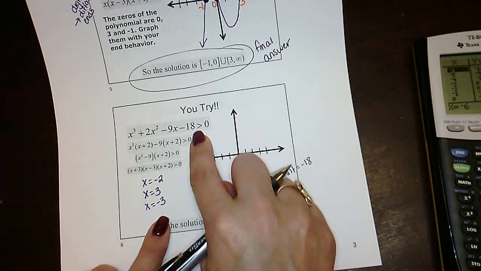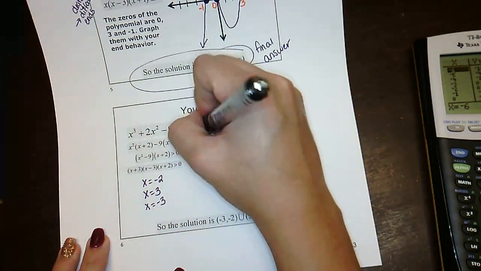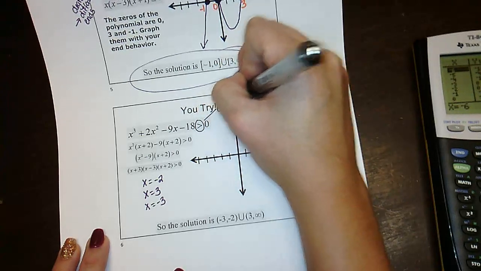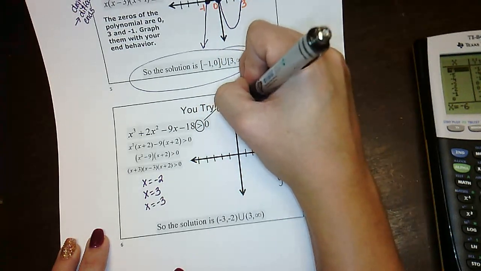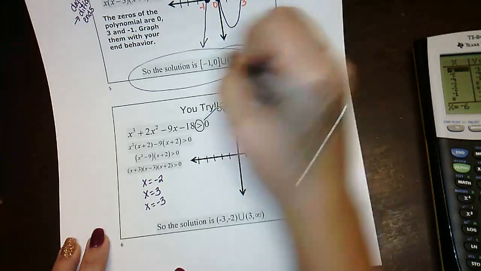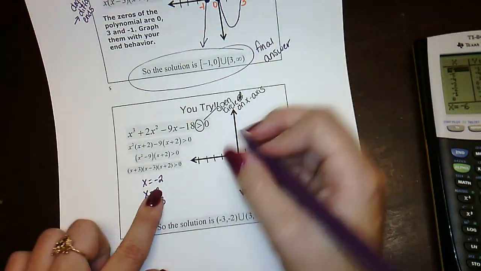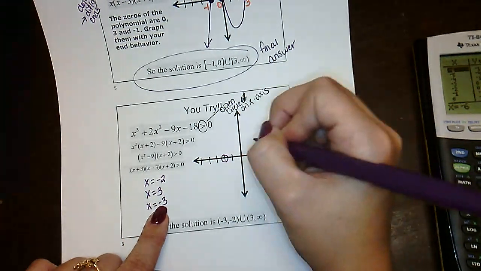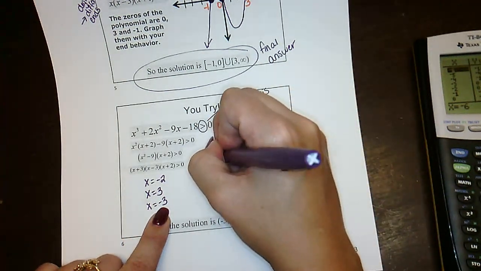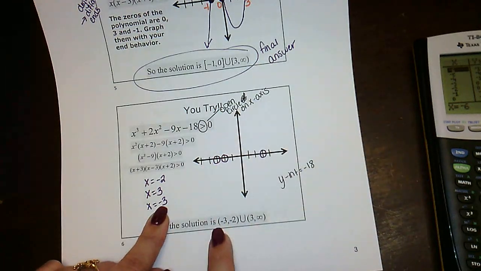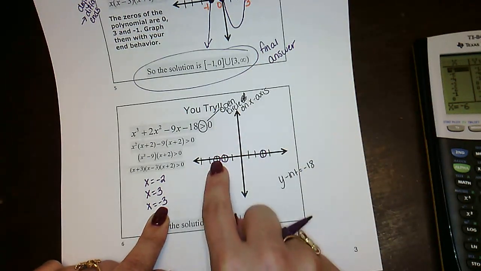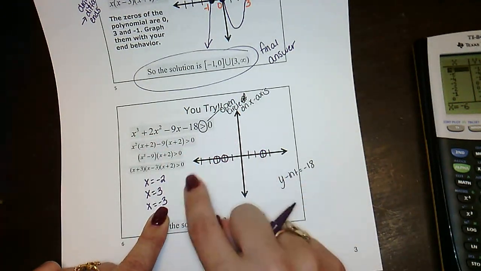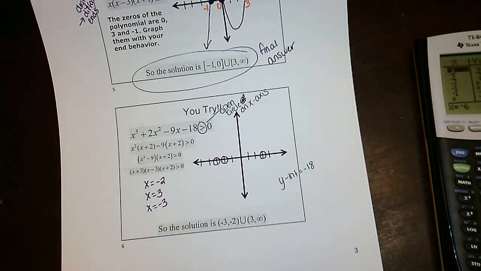Because this does not have an equal to sign, I'm going to do an open circle at negative 2, open circle at 3, and an open circle at negative 3. So my final solution is going to use parentheses because this inequality is not true at negative 2, negative 3, and 3.